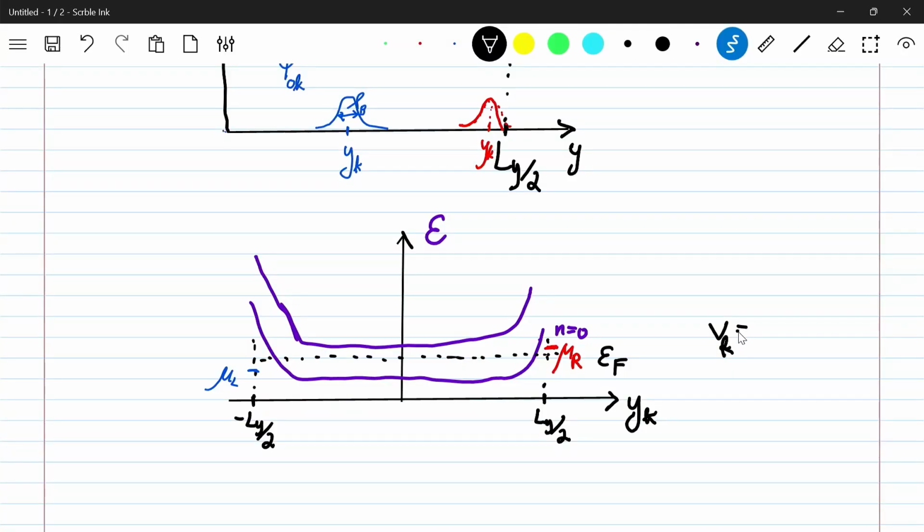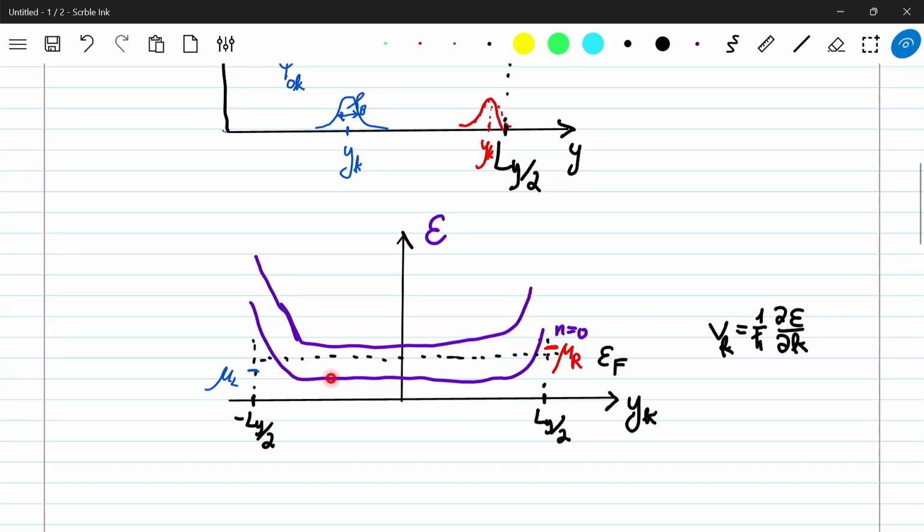Therefore, the group velocity, let me write a reminder, is 1 over h bar d epsilon dk. This is the velocity of propagation along the x direction, because remember k is a momentum in the x direction.